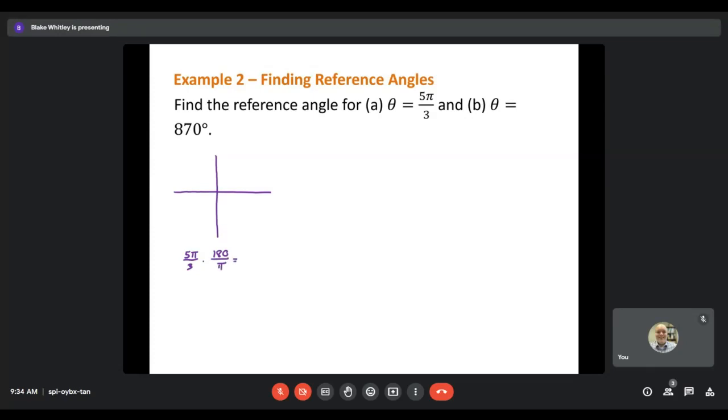Now, if we do that, that should give us 300 degrees.